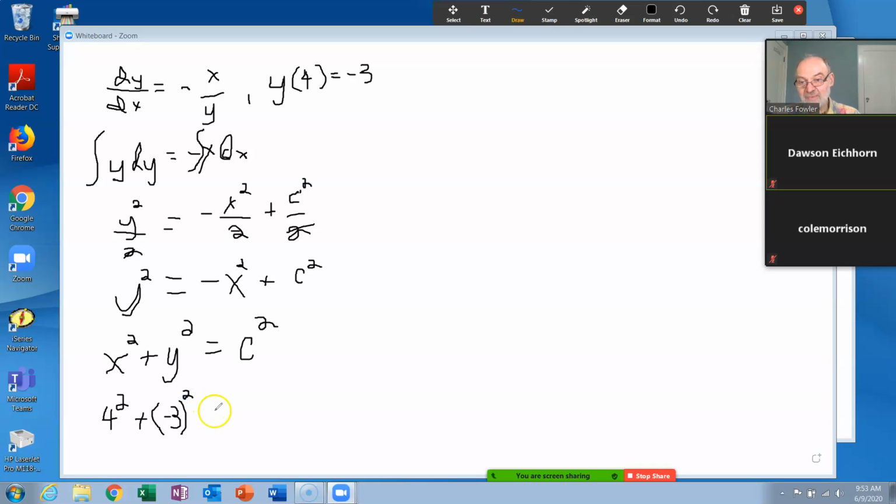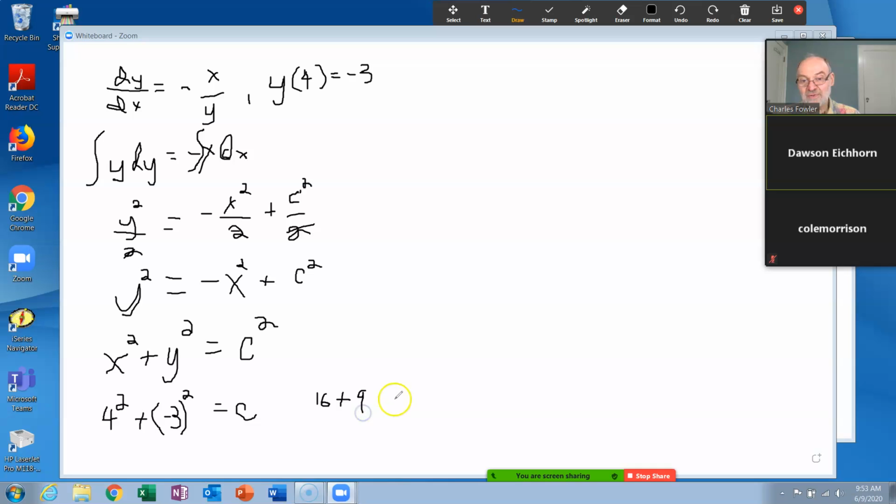And that has to equal c squared, and I chose to write c squared, and there's going to be a reason for it. Okay? And what's 4 squared? 16. And what's negative 3 squared? 9.